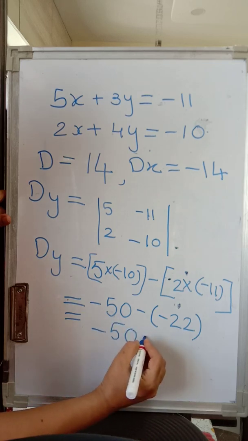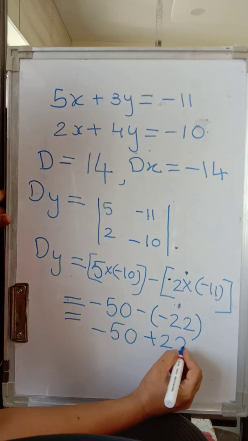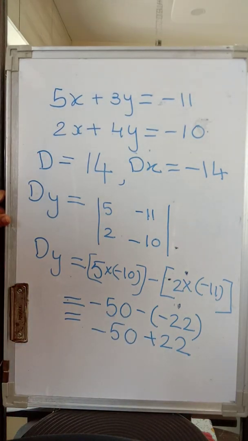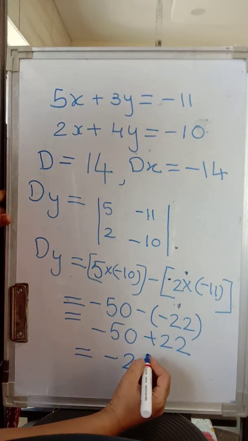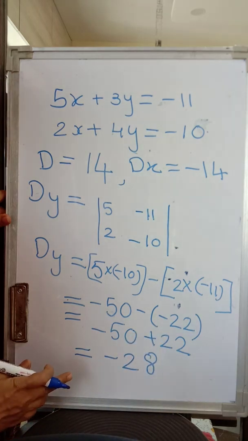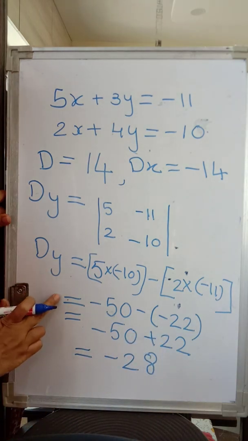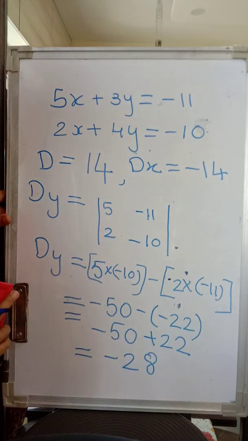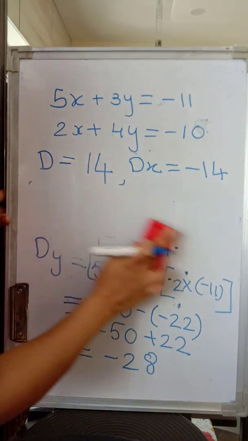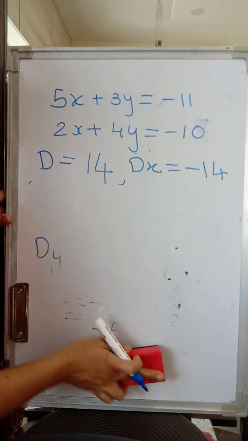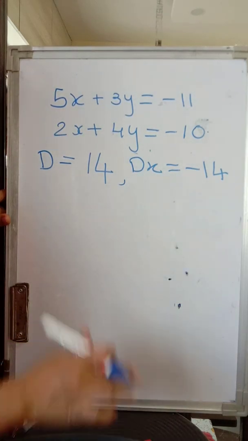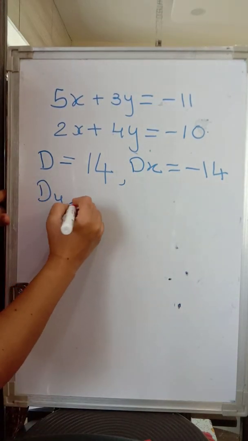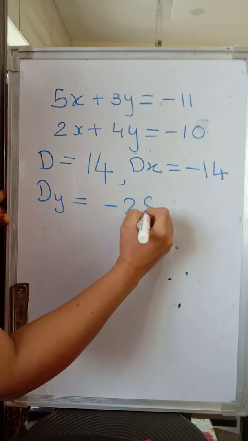Minus 50 plus 22 will give you minus 28. That is the value of dy. So we got dy is equal to minus 28.